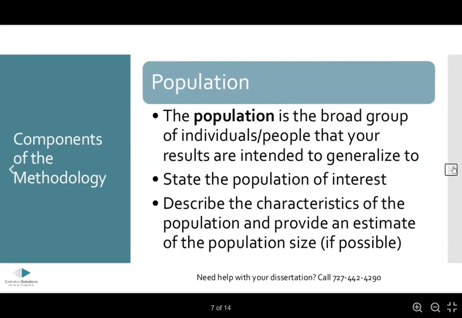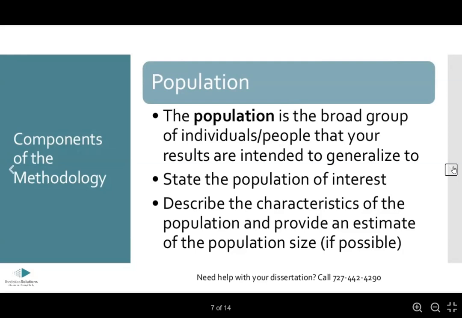So for instance, if you are doing a study in education and the individuals that you're attempting to study are teachers, then your population in that case would be teachers in the United States, maybe. And then your sample would be the smaller group of teachers in the United States that actually participate in your study. So that could be 35 teachers or 300 teachers within your local school district.